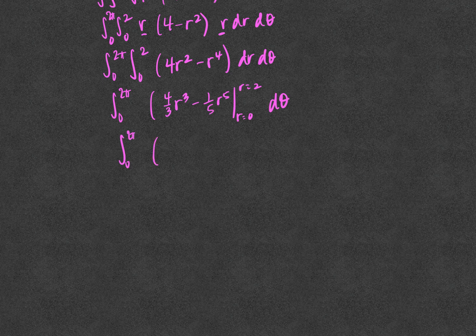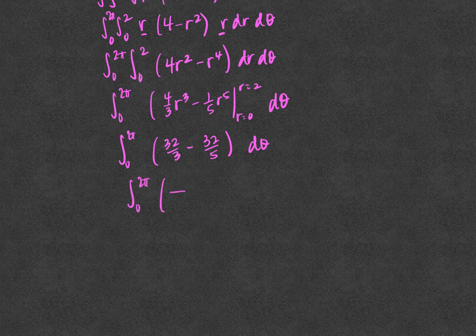And when we plug in 2, we get 2 to the 3rd is 8 times 4 is 32 over 3 minus 32 over 5. It's a very common fraction for us in calculus. Minus 0 plus 0, so I'm just going to leave those off. d theta. Now notice that we are in terms of theta, and there is no theta, so this is a constant.